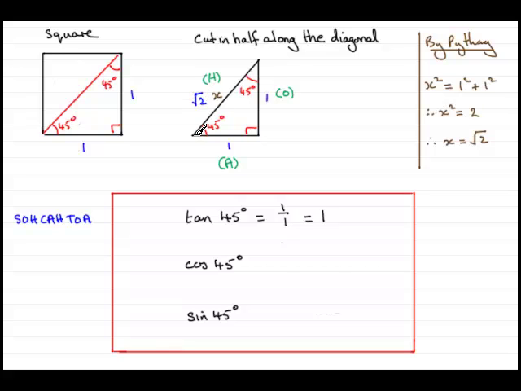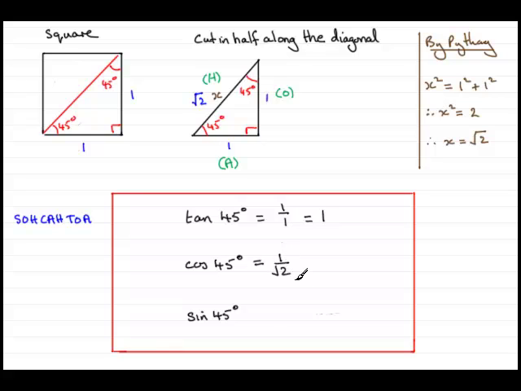That's the hypotenuse. So when it comes to the cosine of 45 degrees, cosine always compares the adjacent side with the hypotenuse. If I'm using this 45 degrees, the adjacent side is 1 and the hypotenuse is root 2. So we get 1 over root 2.